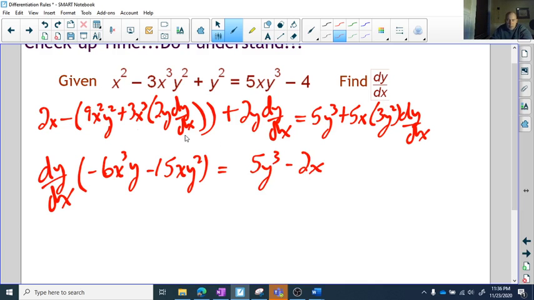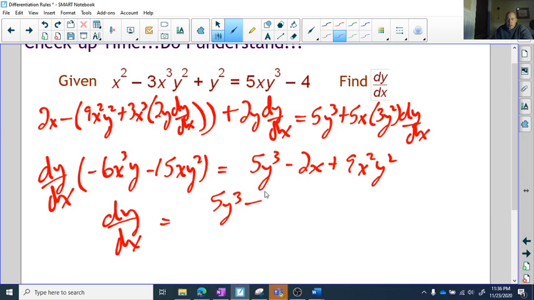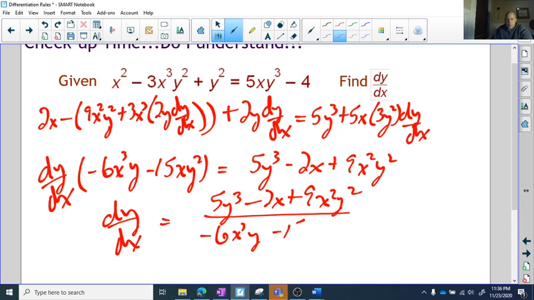This would be negative, so it's going to become positive on the other side. 9x squared y squared dy dx is 5y cubed minus 2x, 9x squared y squared, all of that over negative 6x cubed y minus 15xy squared.